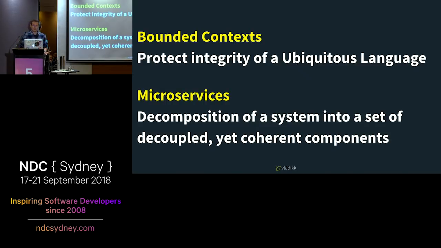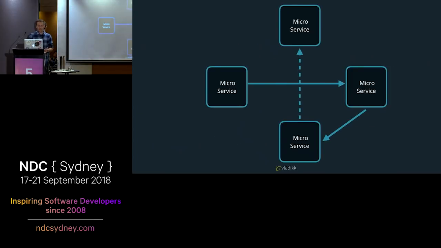Microservices, on the other hand, are more of a technical notion. The goal of the microservices-based architecture is to decompose a system into a set of decoupled yet coherent components. And the thing is, there are different ways to decompose a bounded context into microservices, but not all of them are equally good.